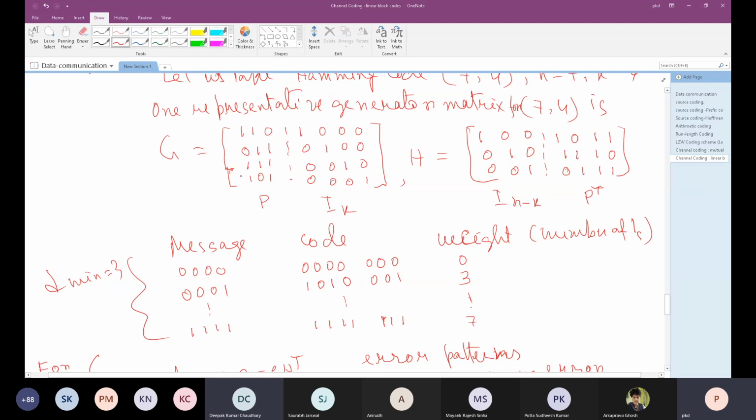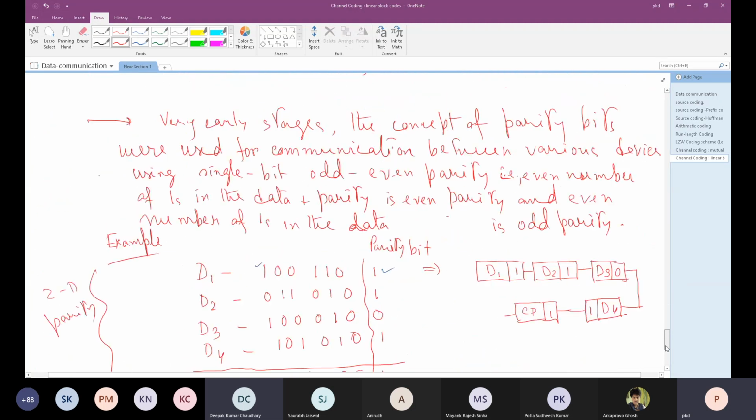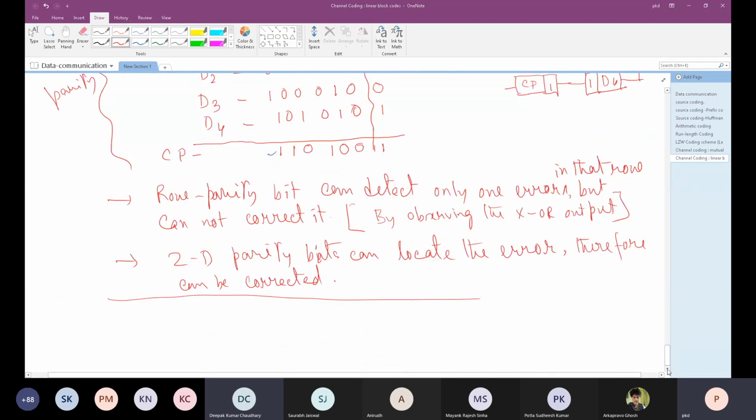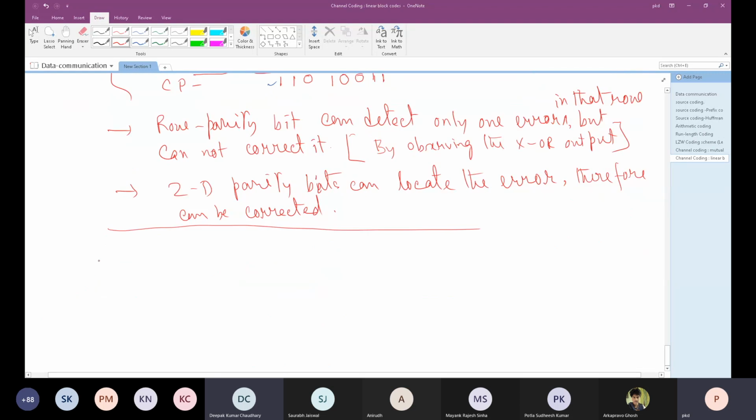Ultimately, your code is generated as G into M, where there will be message bits M0, M1, M2, M3. Say the 7-4 Hamming code.